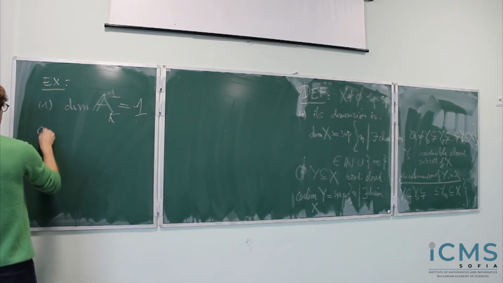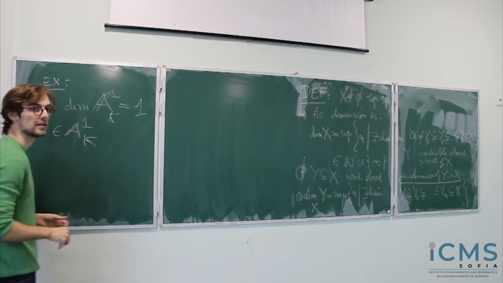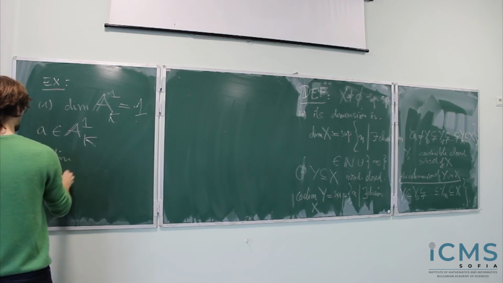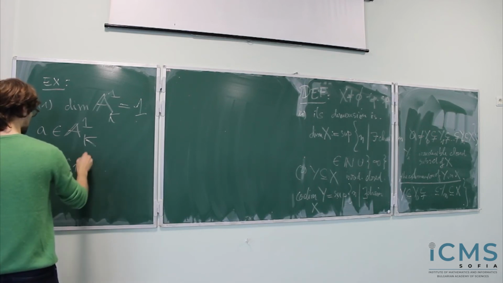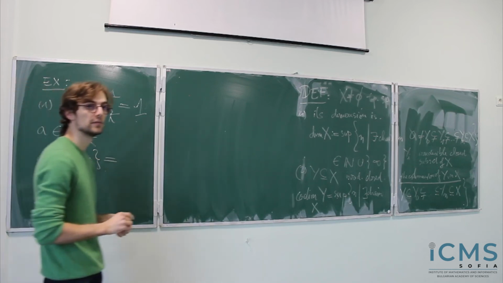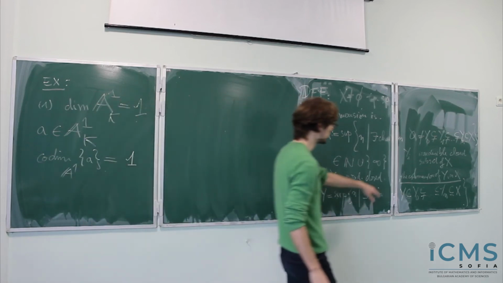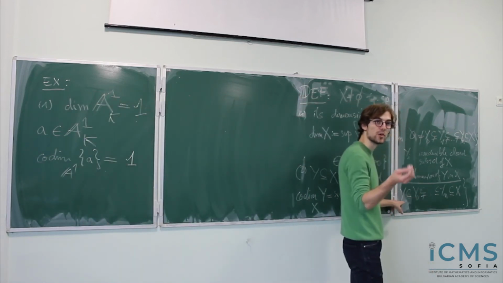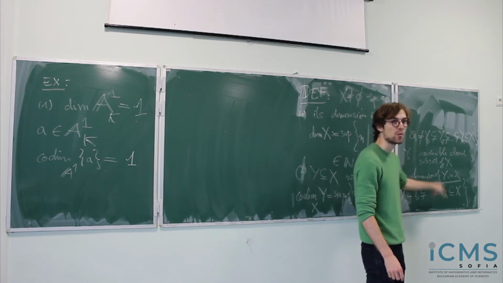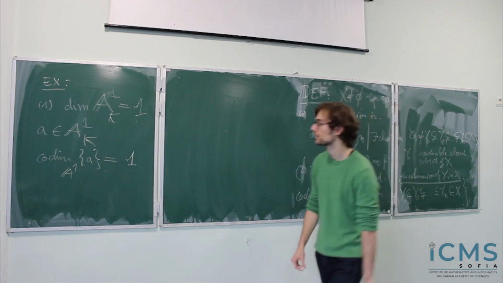And if I take any point inside of A1 of K, its codimension will equally be 1. Because for Y equal to a single point, I just take Y0 to be this single point, and Yn to be the whole space, and there's no in between.